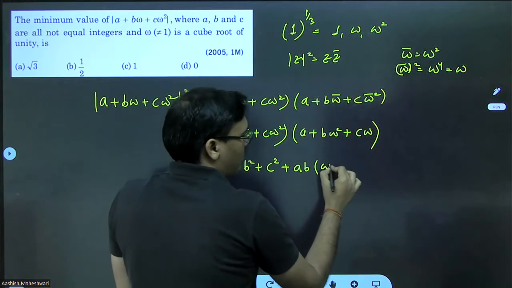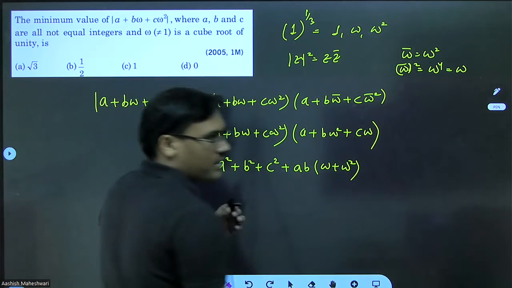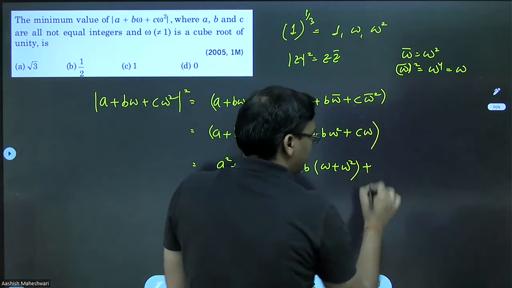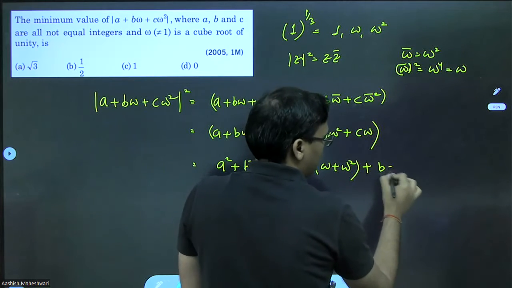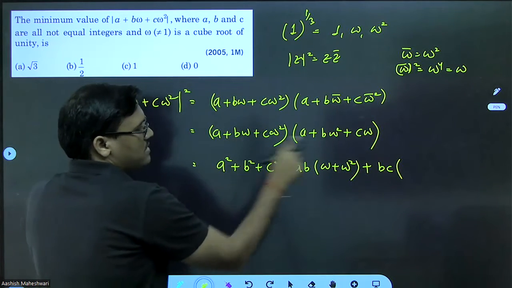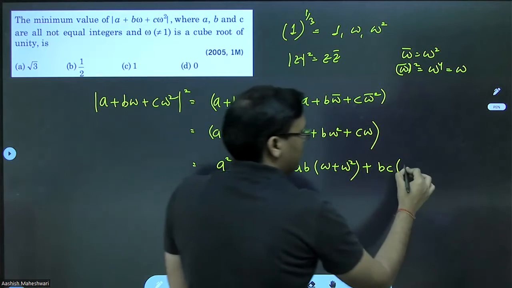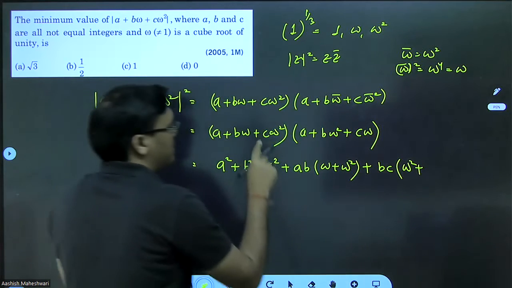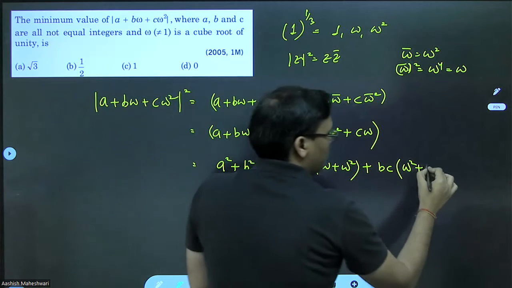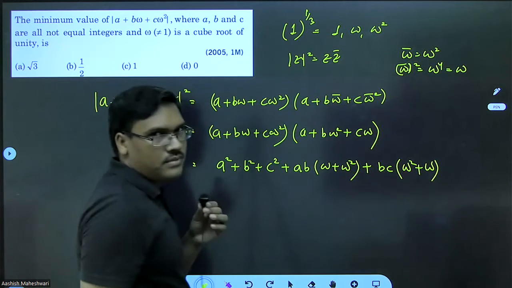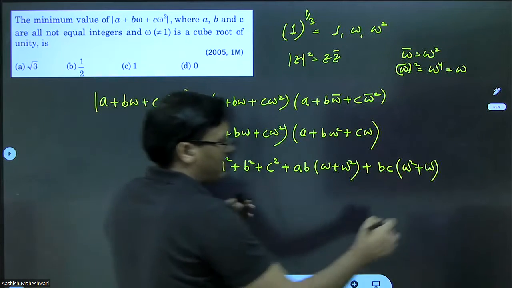So this will become omega plus omega square. Similarly, you will find bc omega square plus bc omega raised to 4. Omega raised to 4 is same as omega. I'm just multiplying this bracket, okay?